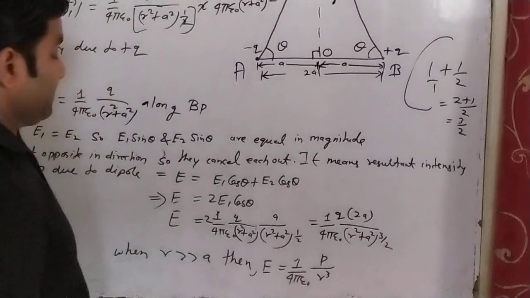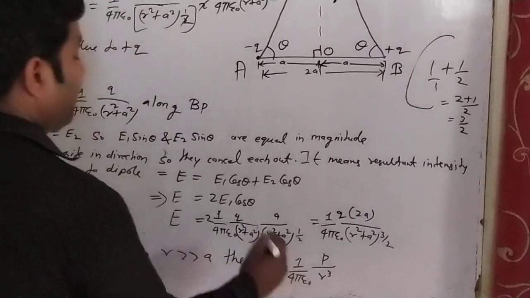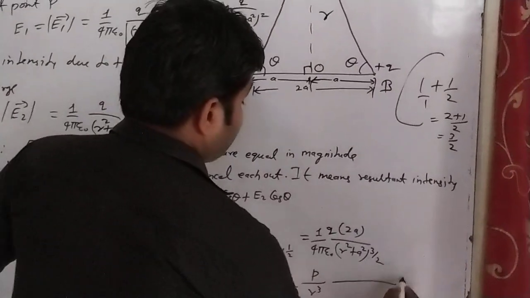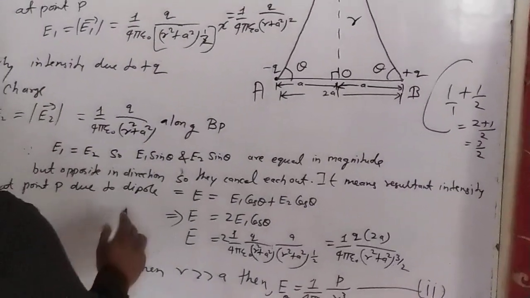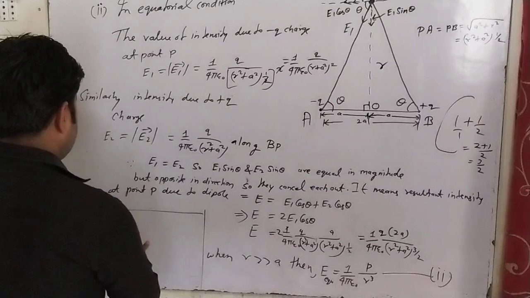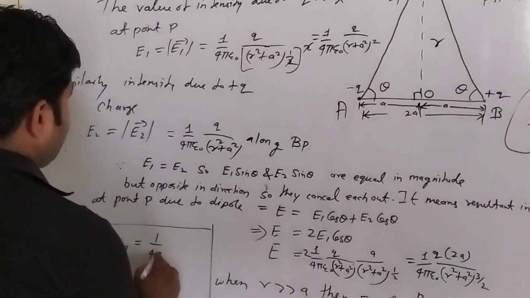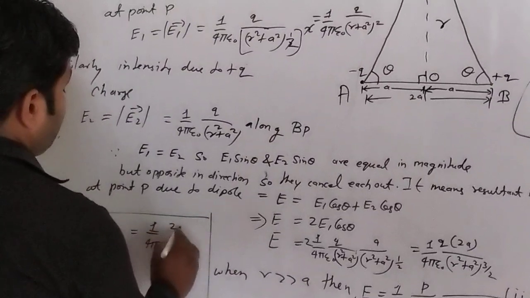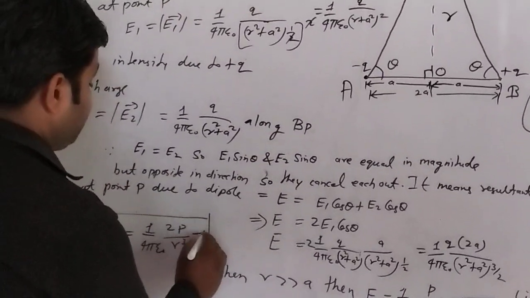This is the condition of E equatorial. From the previous concept, in the axial condition, E axial is equal to 1 upon 4 pi epsilon naught, 2p upon r cube. Make this equation number 1, and the equatorial one equation number 2.